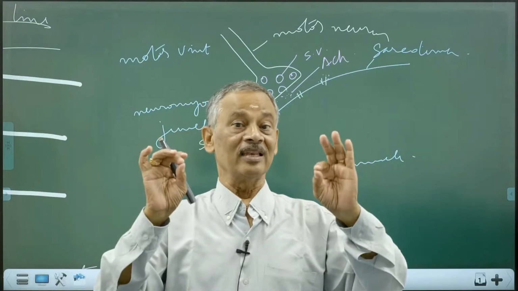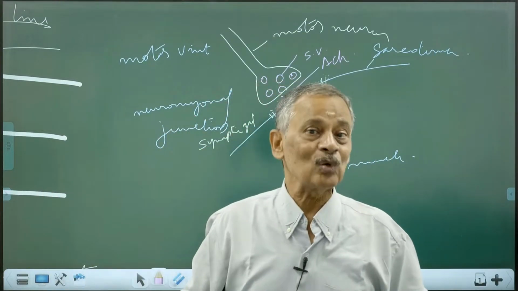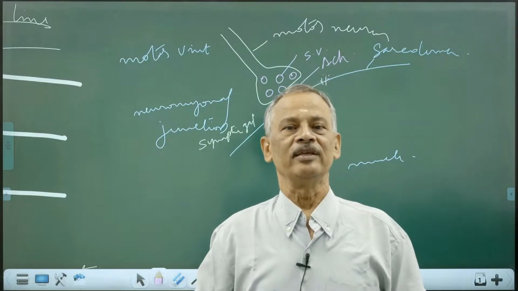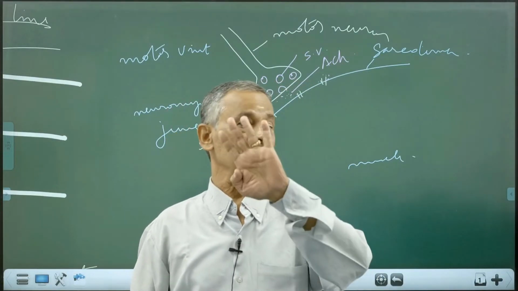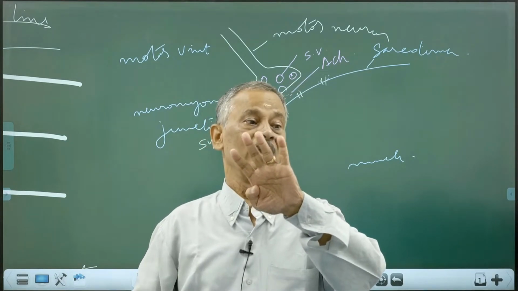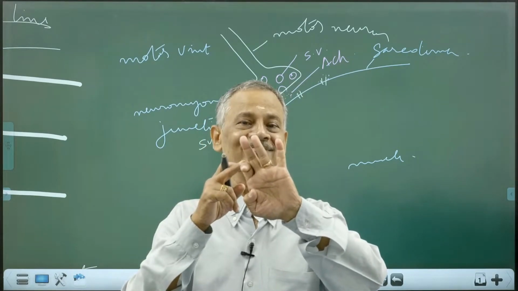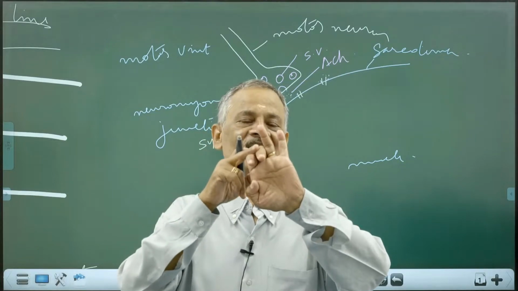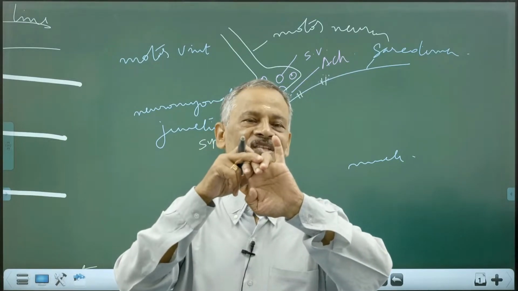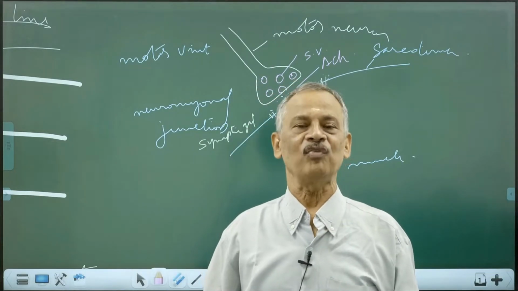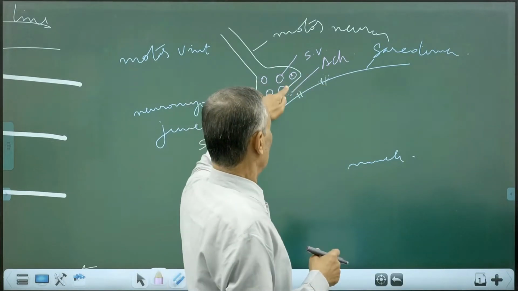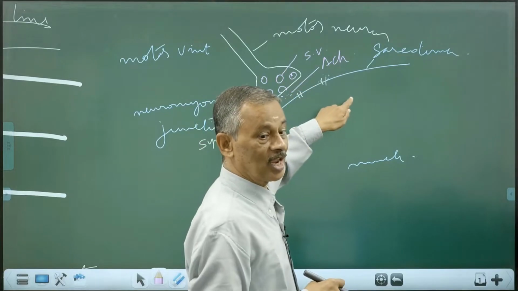A muscle can also conduct stimuli, impulses, through its membrane. So what are the four properties? Excitation, contraction, relaxation, conduction of impulses.